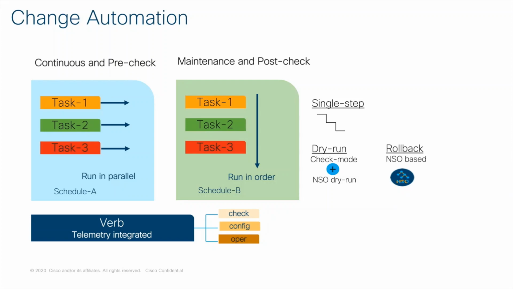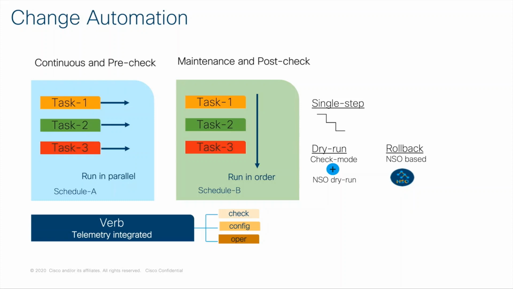With that being said, as I mentioned, you can run certain tasks in parallel, certain tasks in serial in one of my comments for change automation. So in change automation, we have a concept called tags, which is continuous, pre-check, maintenance, and post-check. Any task that is tagged with continuous and pre-check is run in parallel. If there is more than one task, they can be executed parallelly, or they start off parallelly.